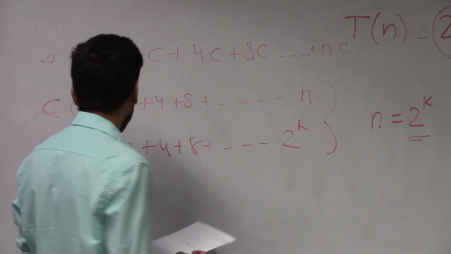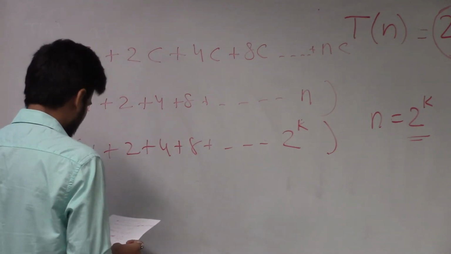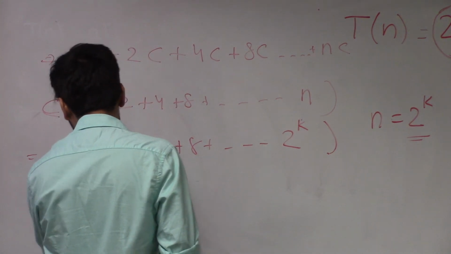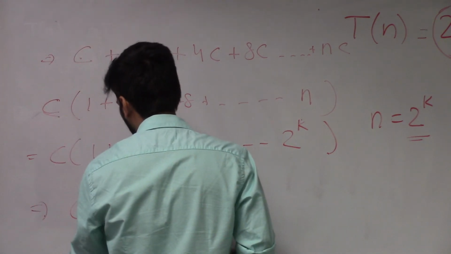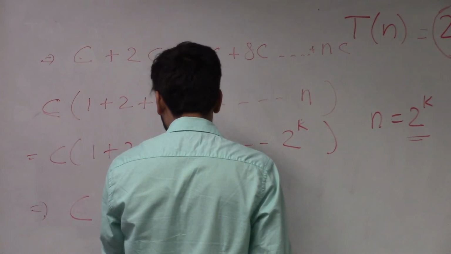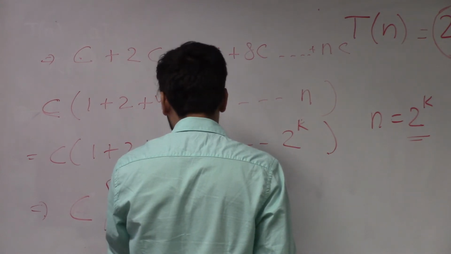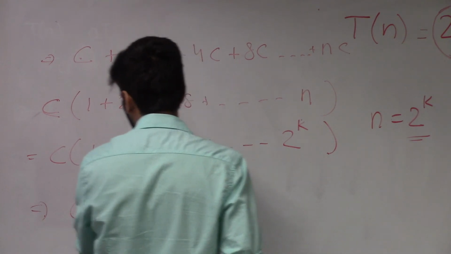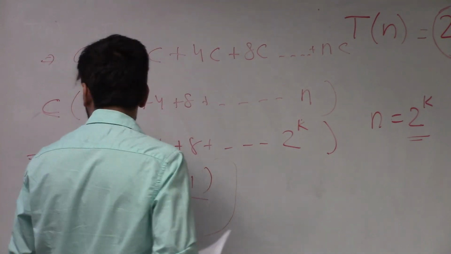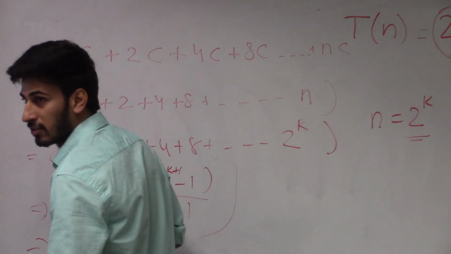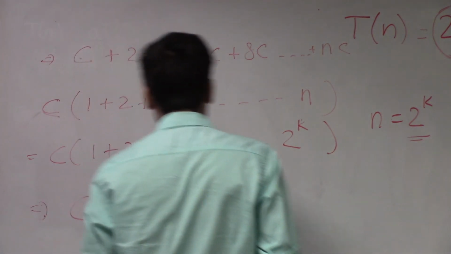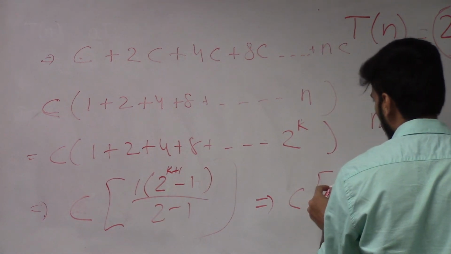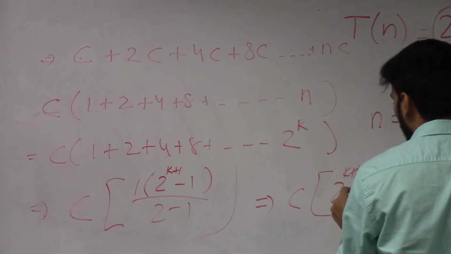Just put this into the formula and C comes out. You will find (2^(k+1) minus 1) over (2 minus 1). This is the GP. You can solve it because the professor has given you a lecture on GP. Solve it and this comes out as C times (2^(k+1) minus 1).